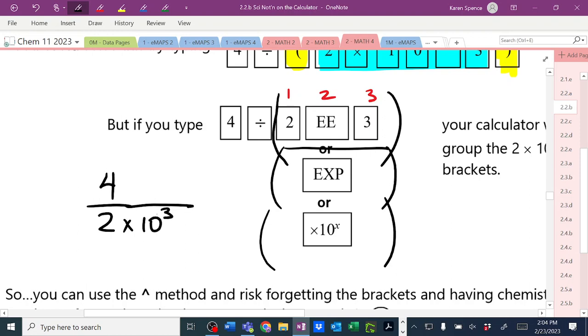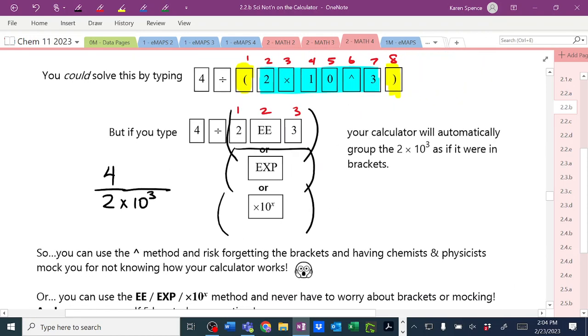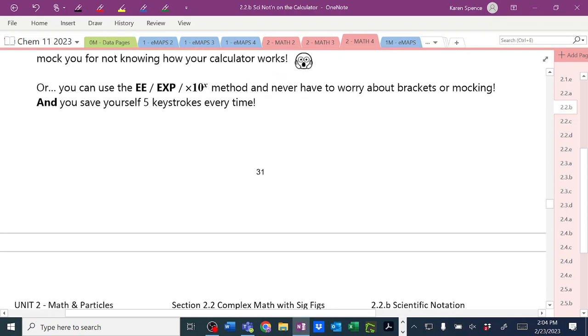So it'll put 2 times 10 to the 3 all as one chunk. Okay? So you don't have to bracket it. Like I said, if you're super attached to the caret and you don't mind using the brackets and you're okay with so many more keystrokes, maybe that's fine. I know that you all are better at typing than I am, you know, on the little devices. I'm like a sloth, but anyway. All right.